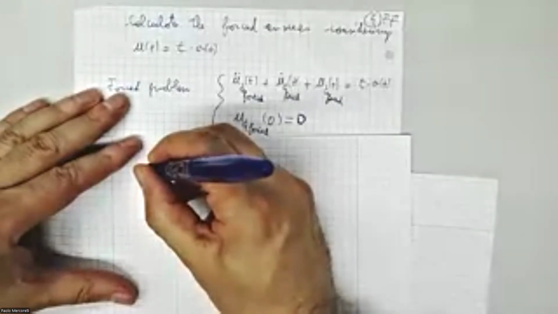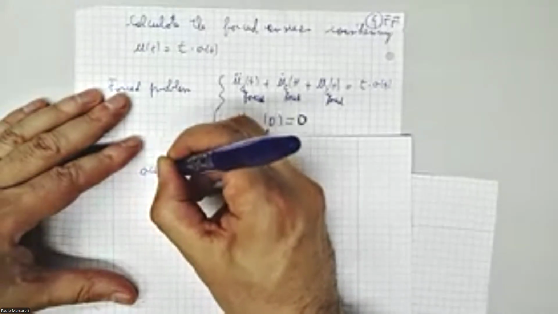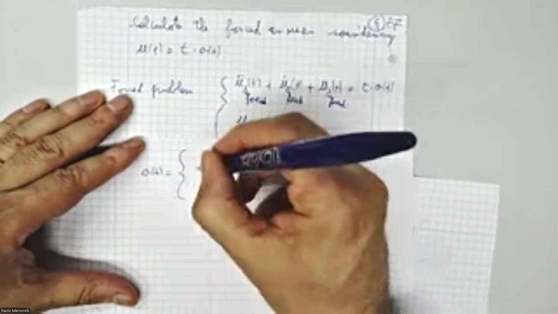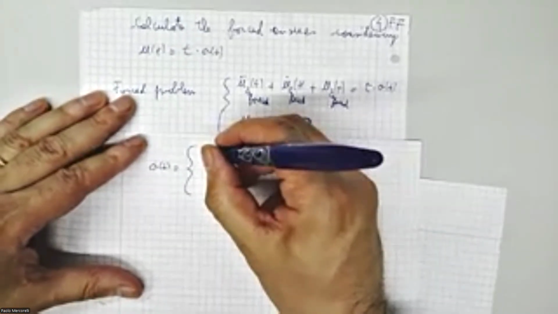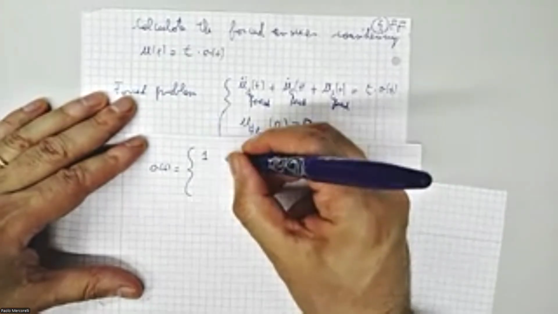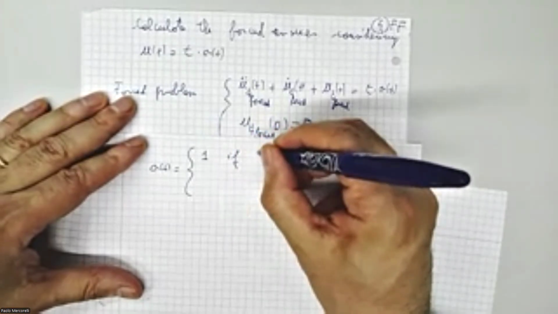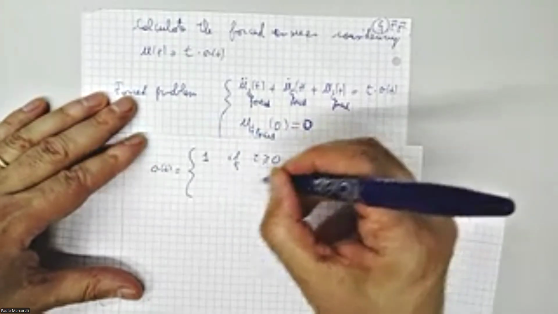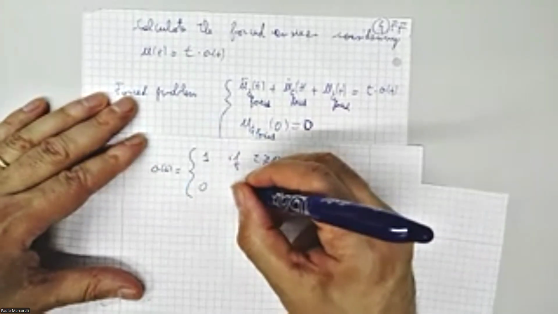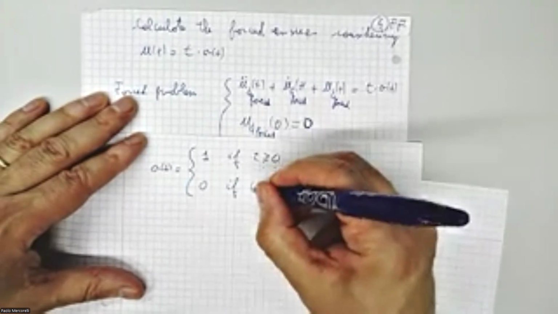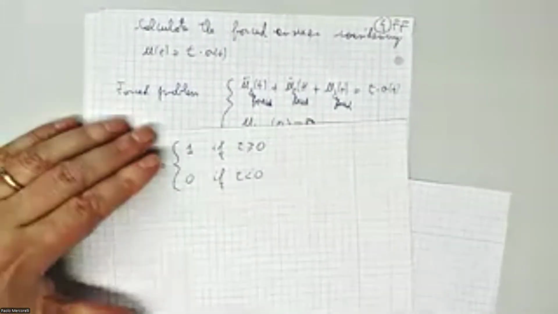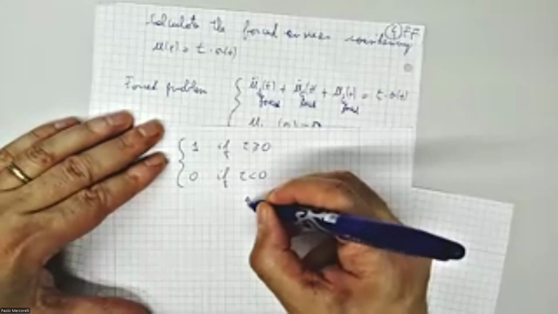The sigma here, as a switch, is a function which is 1 if t is larger or equal to 0, and 0 otherwise. This means this function here can be represented in this form.